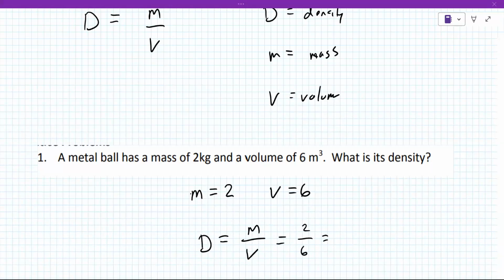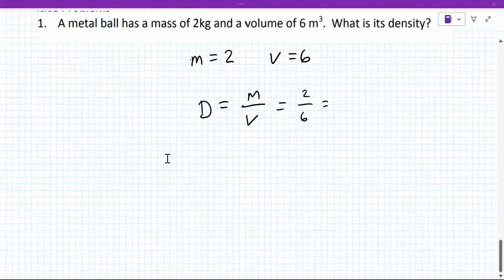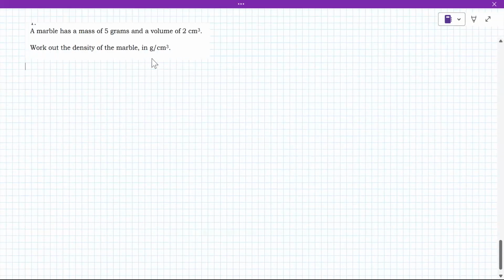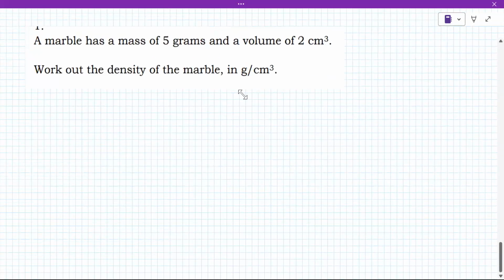All right, let's take a look at another problem. You have the formulas written down, is that right? Okay. I want you to calculate this problem.